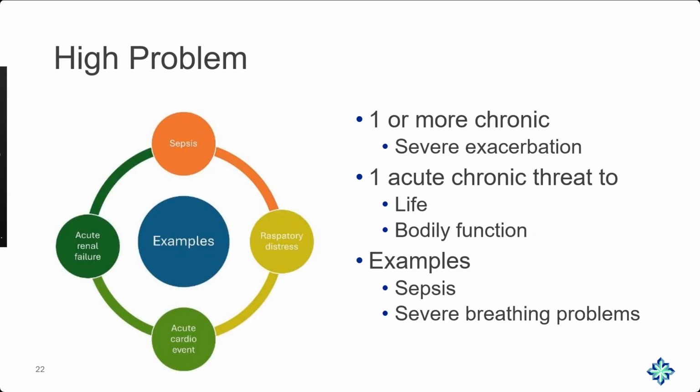Next is a problem level of high. I've been doing this with the others as well, but you can see I have some examples in there. The level of high problem is going to be one or more chronic conditions with severe exacerbation.